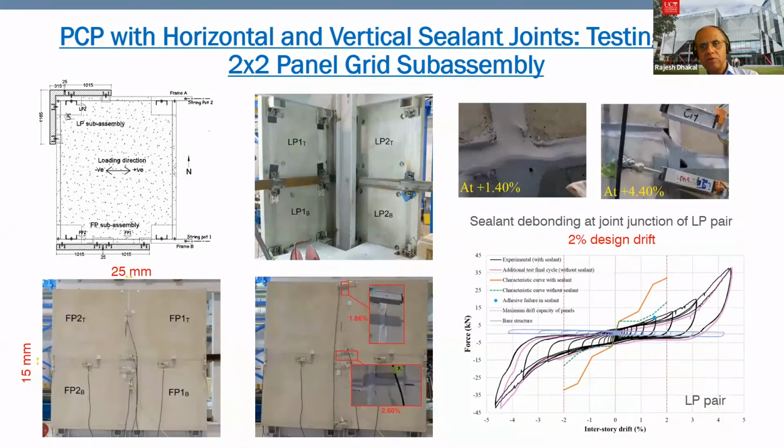There was no damage whatsoever to the panels and the connections, so the only damage was to the sealant joints, and the signs of damage started after about 1.5% drift. So up to then, this system does not need any repair whatsoever.